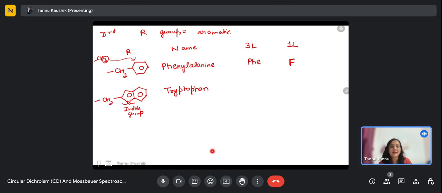If you directly attach this moiety to a carbon atom, then you will have a steric hindrance. So nature has a solution for it. It always has a CH2 joining unit. Okay. So here we get TRP, and the code is W.